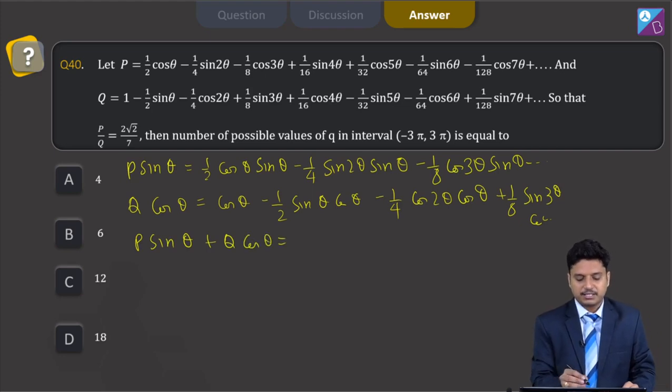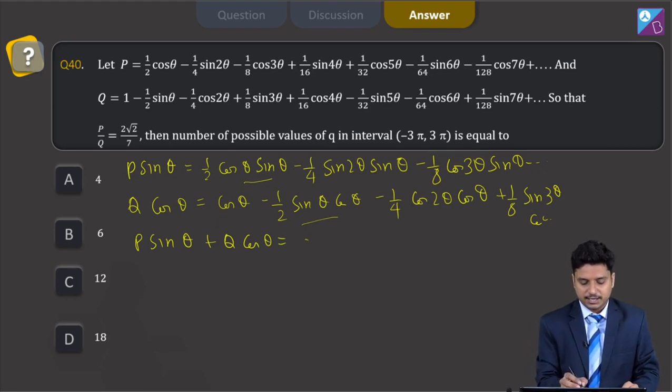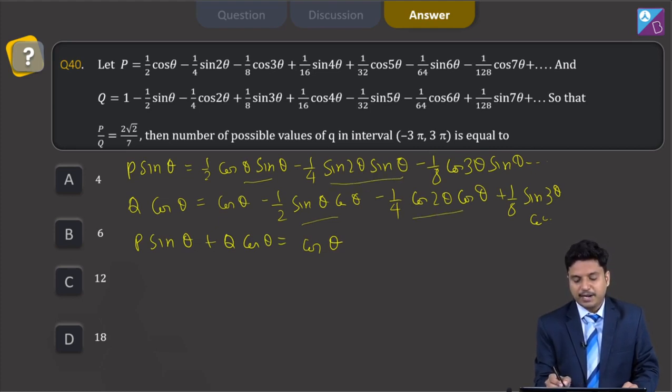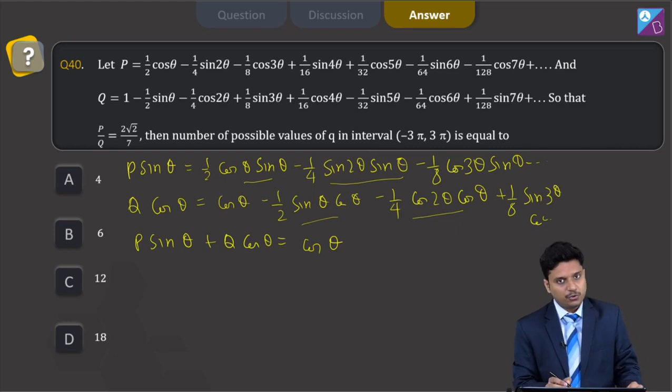What are you getting? This half cos theta sin theta is getting cancelled. Cos theta is still there. And here you are getting minus 1 by 4 sin 2 theta sin theta and minus 1 by 4 cos 2 theta into cos theta.